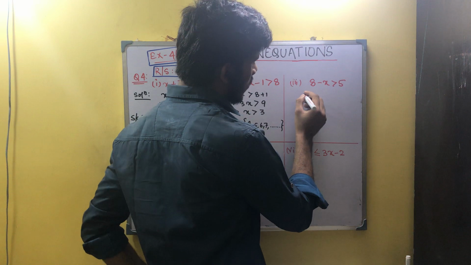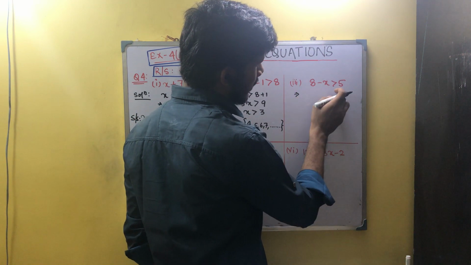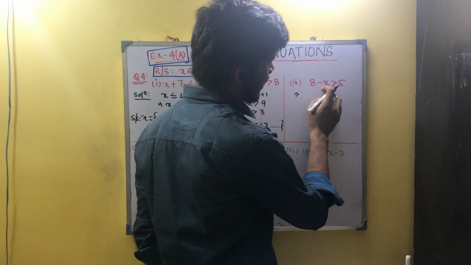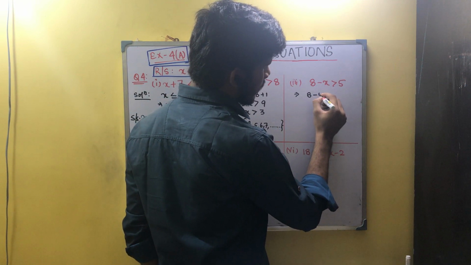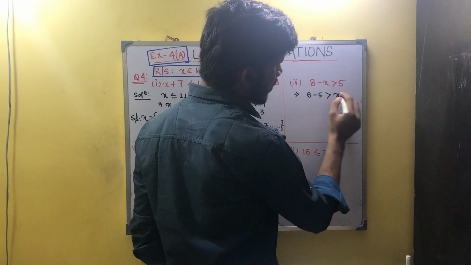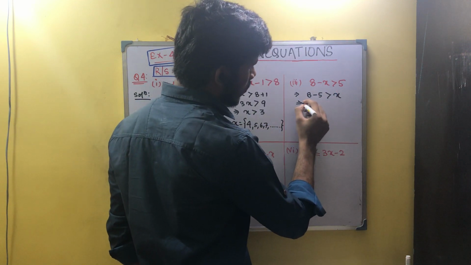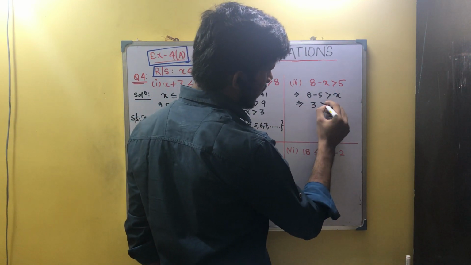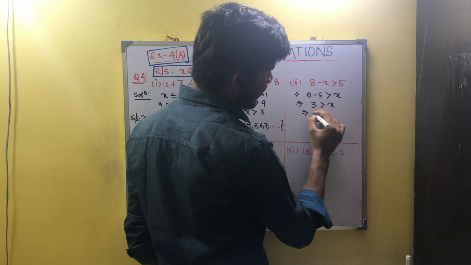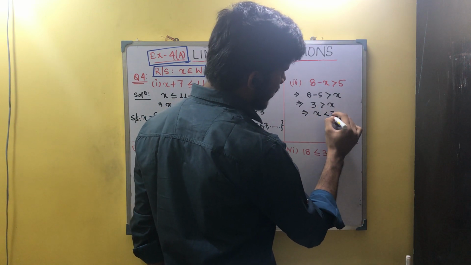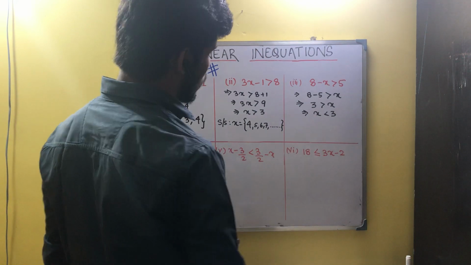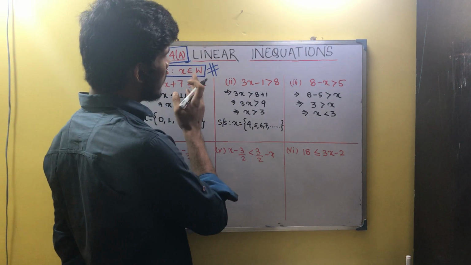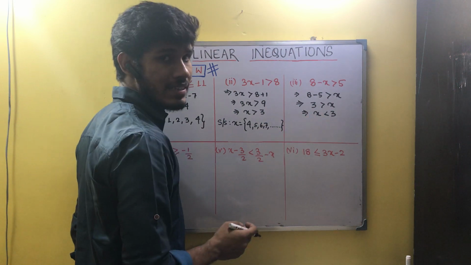The third gives you, on solving, if I take 5 to the LHS and take minus of x to the RHS, what you will be getting is 8 minus 5 greater than plus of x, isn't it? So this gives you 3 greater than x. If I reverse it, we can call it x is less than 3. Now if x is less than 3 and x belongs to whole number, then what whole numbers are there which are less than 3?